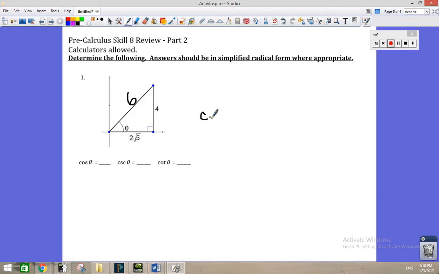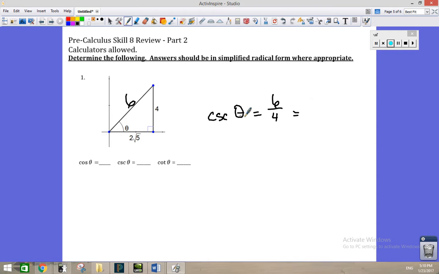The cosine, I have more room over here than right here, so I'll just do it over here. Cosine is the adjacent side over the hypotenuse. They expect us to reduce this, so my answer is the square root of 5 over 3 for cosine. For the cosecant, that's the reciprocal of sine, so instead of 4 over 6, it's 6 over 4.